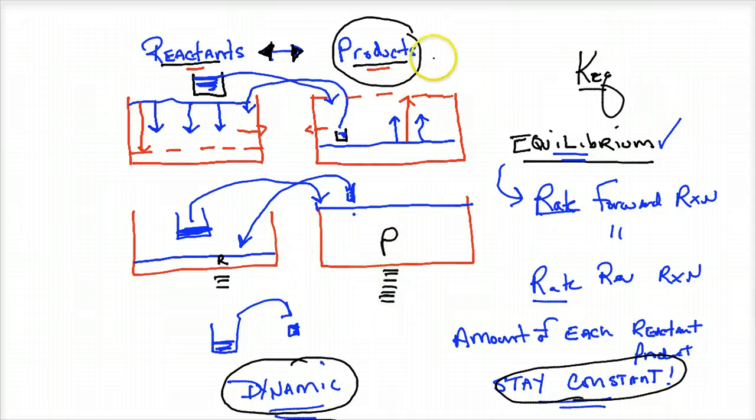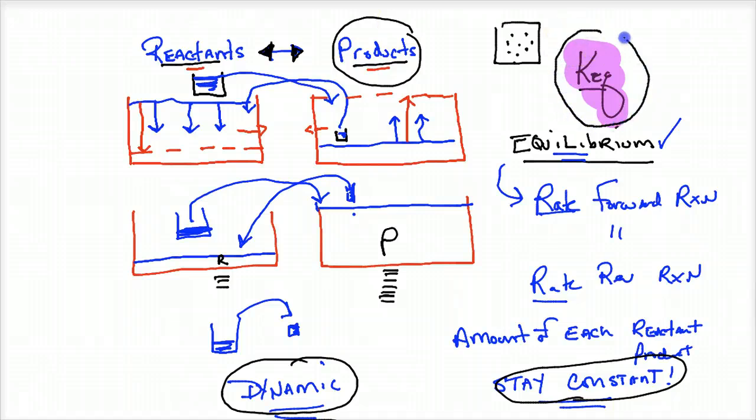Because if I'm trying to make products and I have gases as part of my reaction and they're in my container, I know at the end of the day they'll be mostly products if the products are favored. So we have to have some kind of way to evaluate when and how much, okay, products or reactants are favored once they reach equilibrium.